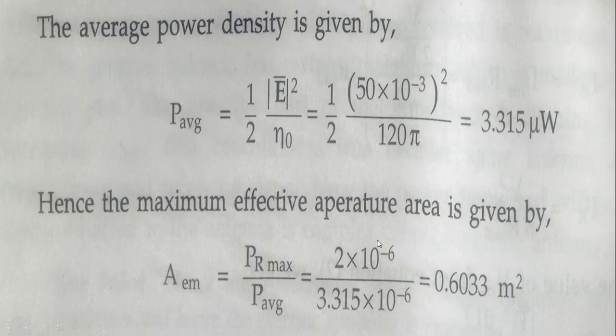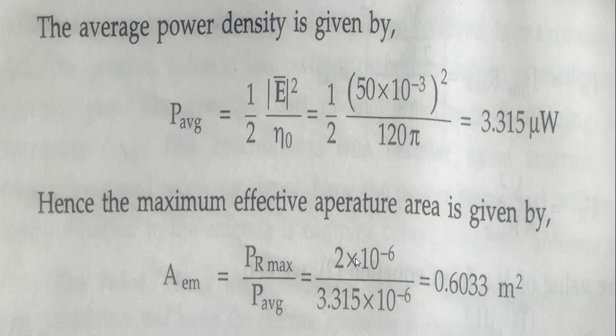Now the unknown parameter, the effective aperture area of the antenna, can be calculated. AEM is the maximum effective aperture, and it is calculated as PR max divided by P average, which is 2 into 10 to the power minus 6 divided by 3.315 into 10 to the power minus 6.